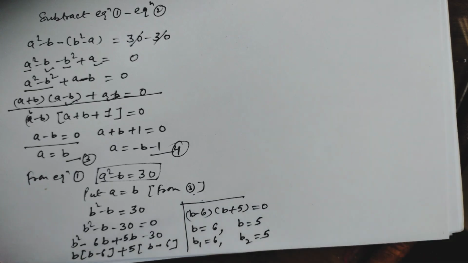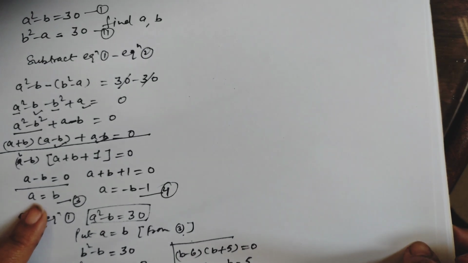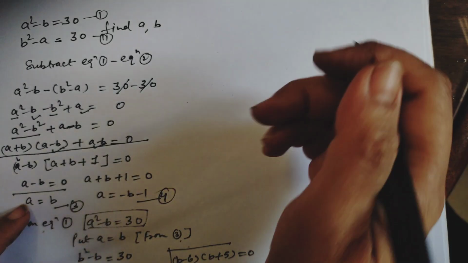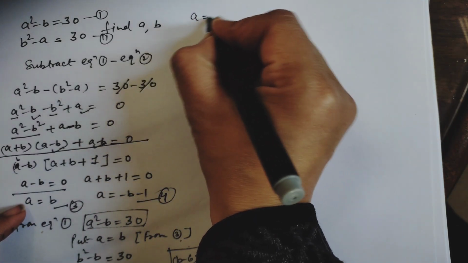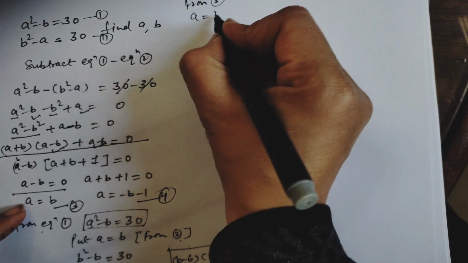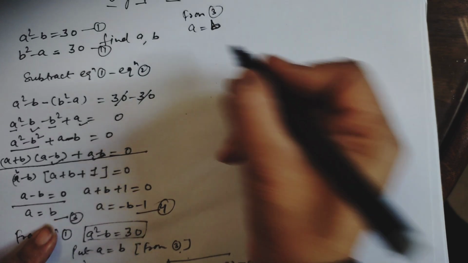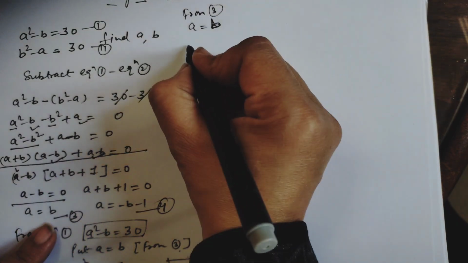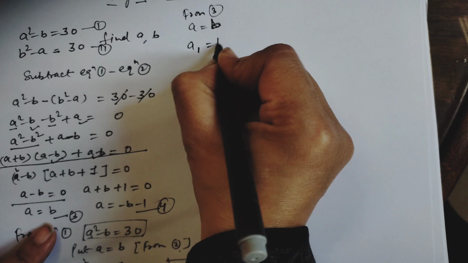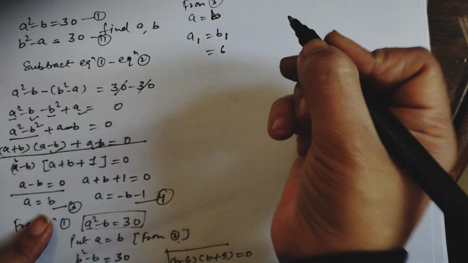For these b1 and b2 values, we will find the a values also, from equation number 3: a equals b. If a1 equals b1, and b1 is 6, then a1 is also 6.